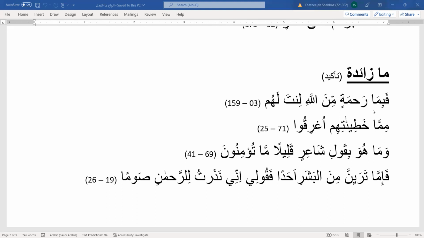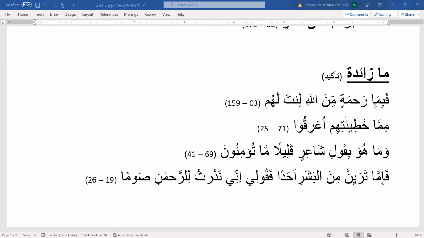I'm saying only because jar majroor has come. It would actually be rahmatin. Jar majroor has come before, so that's why I'm saying only. And ma is used to magnify the rahmah. So with only great mercy from Allah, you were lenient to them.